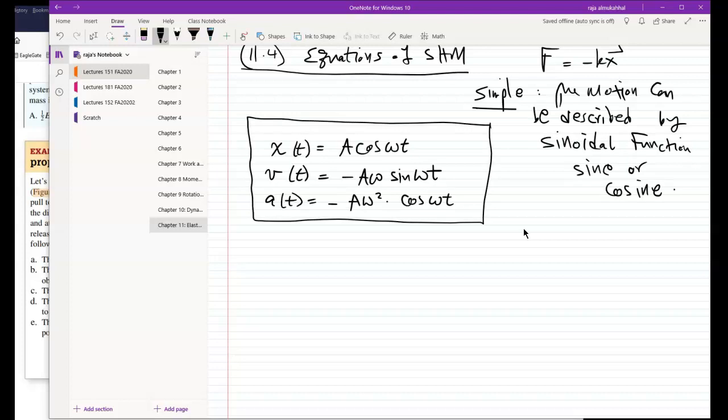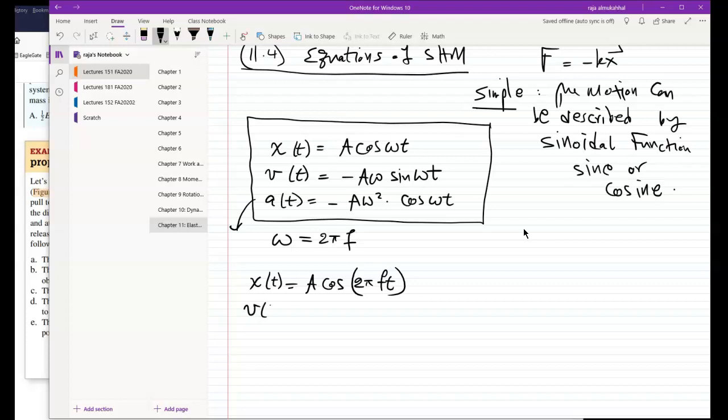One more thing. So what is omega here? We said it is the angular frequency, the one we just talked about earlier, and that's equal to 2 pi f. I'm going to write them down for you here. So I can basically write these as x of t equal to A cosine 2 pi f t, see that?